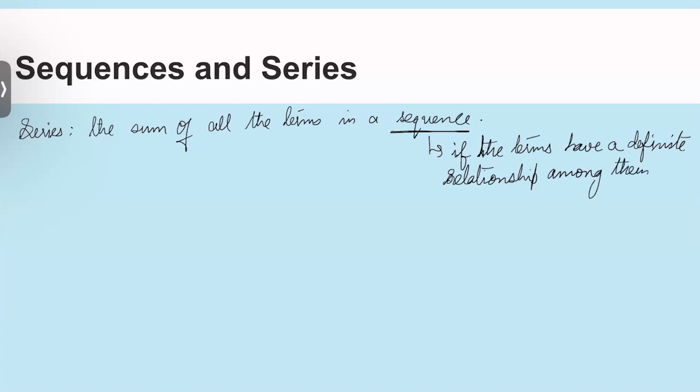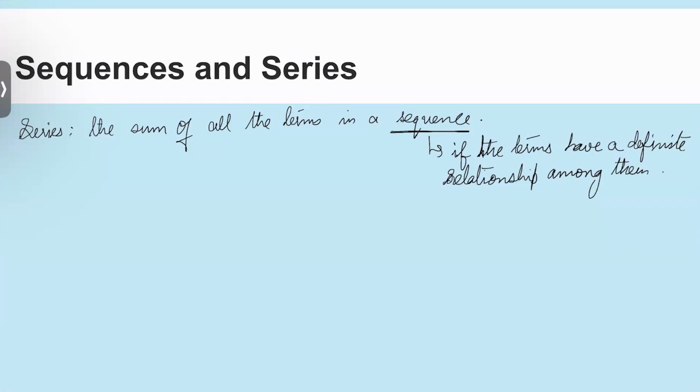Only then will we call the sum of such terms in a sequence the series. This is what we have to understand when we are talking about sequences and series.